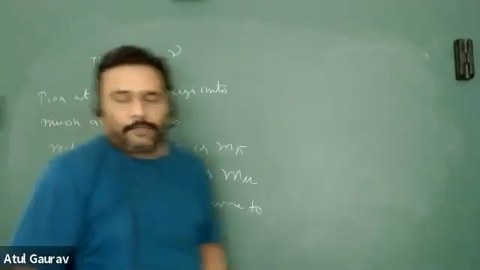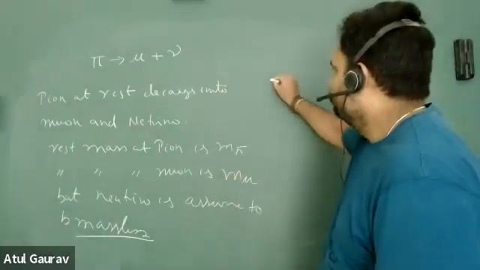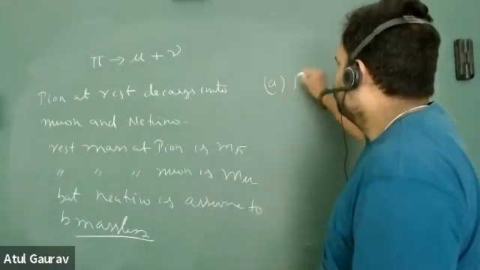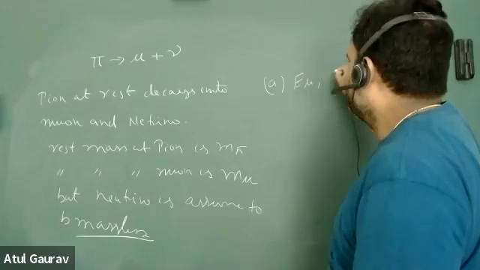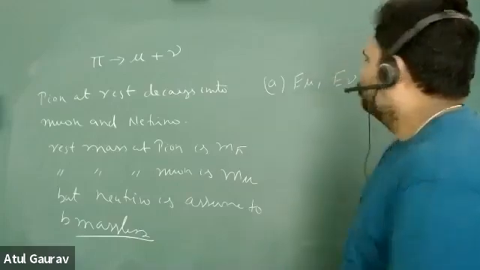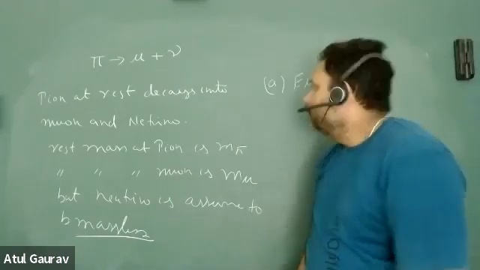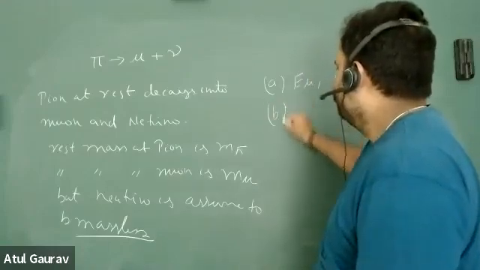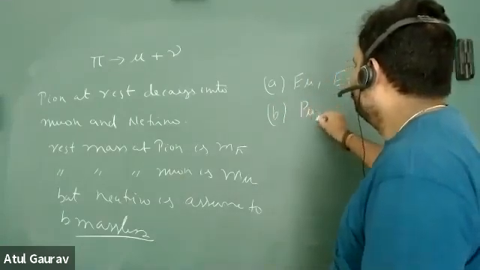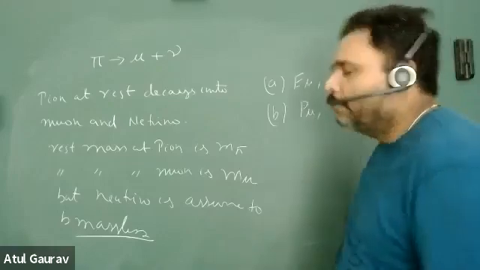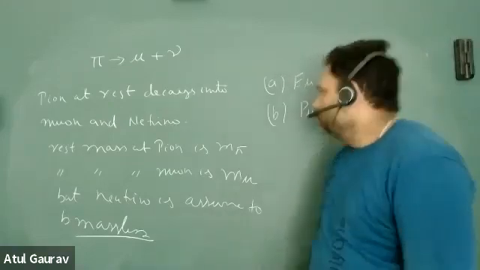So what will be the problem? The first problem is find the energy of muon and energy of neutrino. Second problem, find the momentum of muon and momentum of neutrino. I am talking about magnitude.